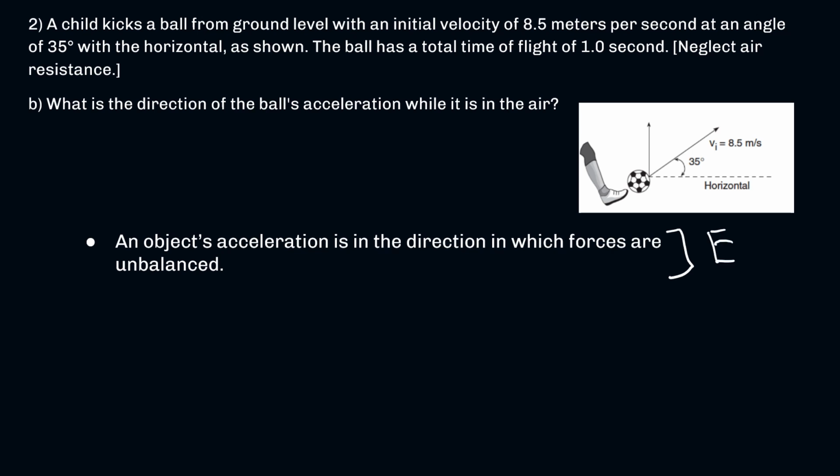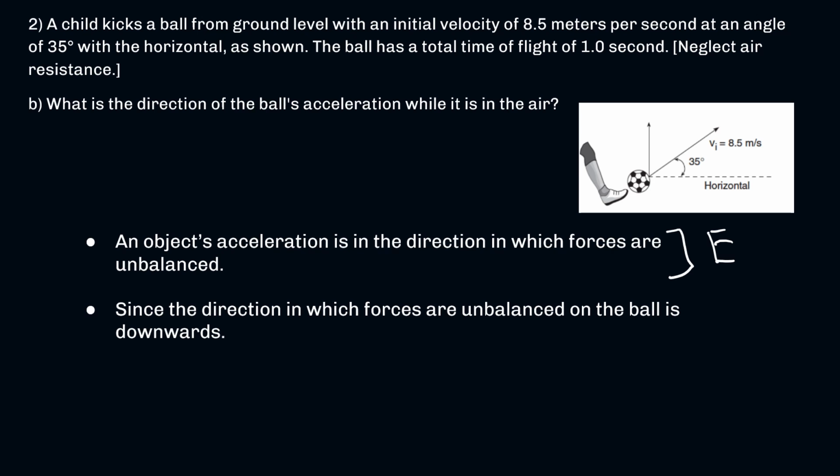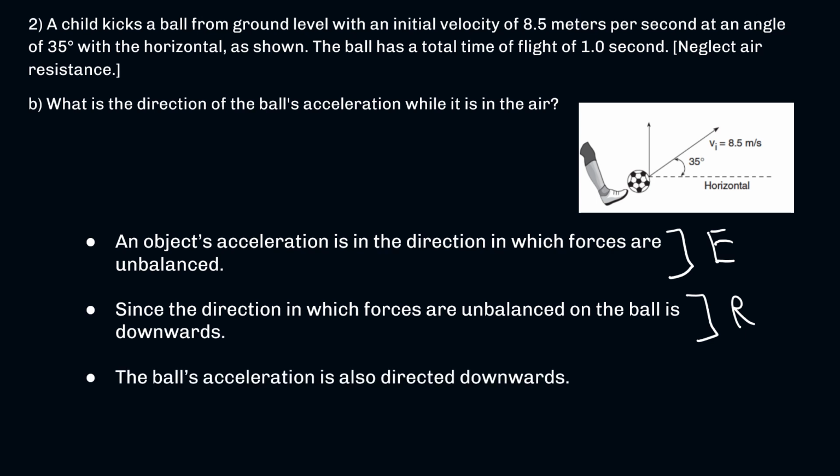Now I'm going to explain this with my reasoning. I'm going to say that since the forces on the ball are unbalanced in the downwards direction, since the direction in which forces are unbalanced on the ball is downwards, we're going to make our claim that the ball's acceleration is also directed downwards.